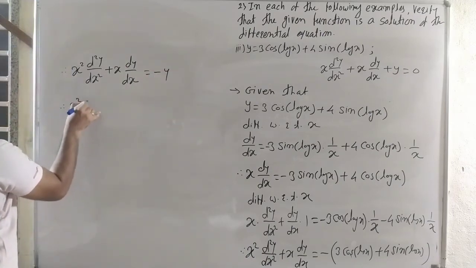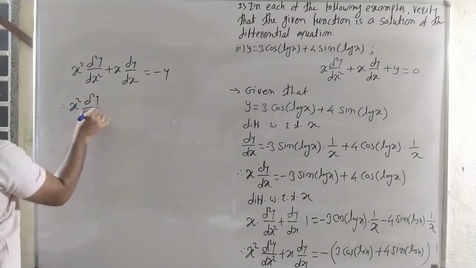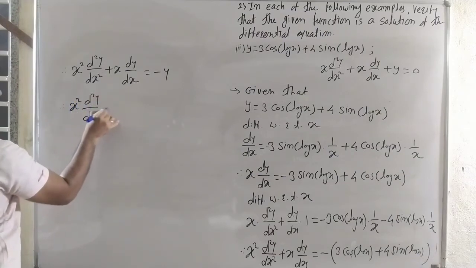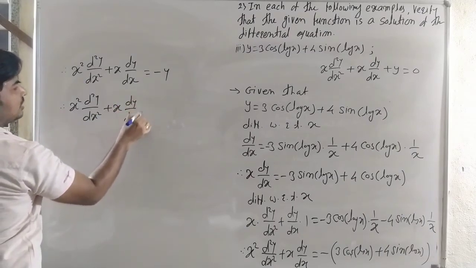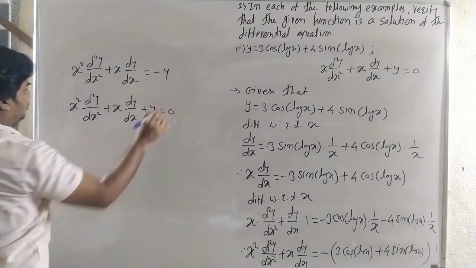Therefore x square d2y by dx2 plus x dy by dx plus y is equal to 0.